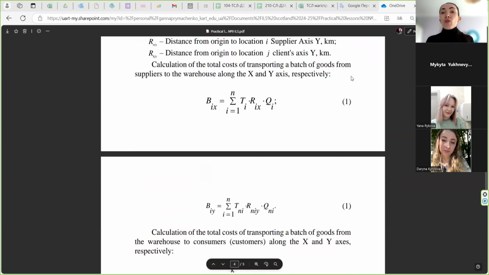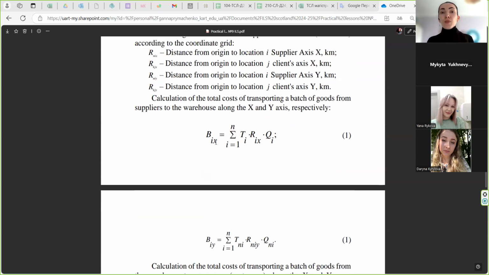Okay, we start from our first formula. Please write on your paper or in your document B with index EX is equal to, and now we find what information we need for it. B with index EX is the total cost of transporting a batch of goods from suppliers, from manufacturer, to warehouse.